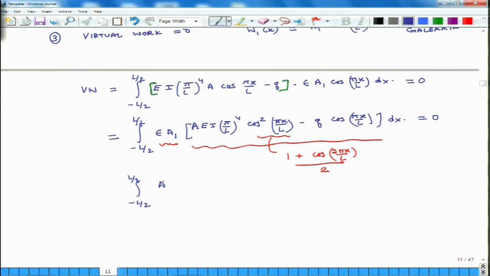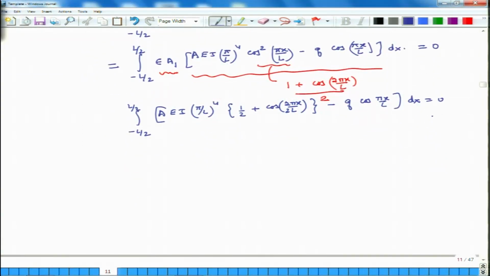So, it is A EI (pi over L)^4 times 1 by 2 plus cosine 2 pi x over L over 2, so it is 2L, minus q cosine pi x over L dx is equal to 0.